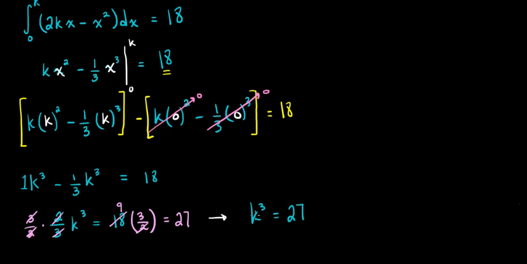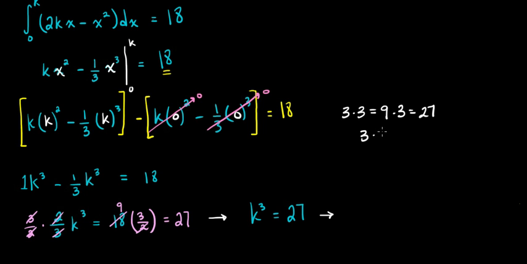To solve this equation, you can take the cube root of both sides, or you can just do a little bit of multiplication in your head and ask yourself, what number can I multiply by itself 3 times to get 27? Well, if you think about the number 3, 3 times 3 is 9, times another 3 is 27.